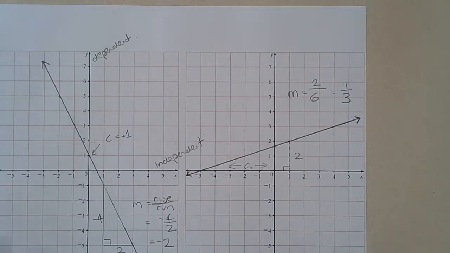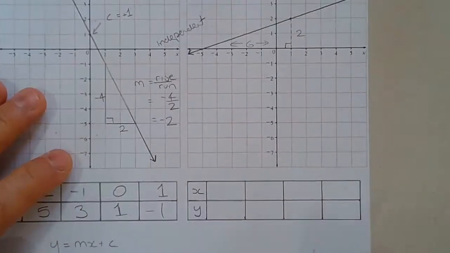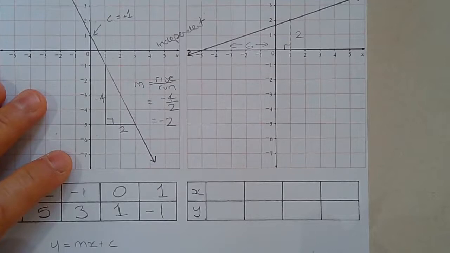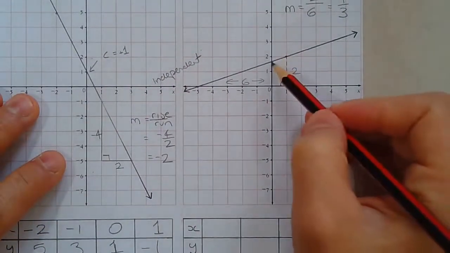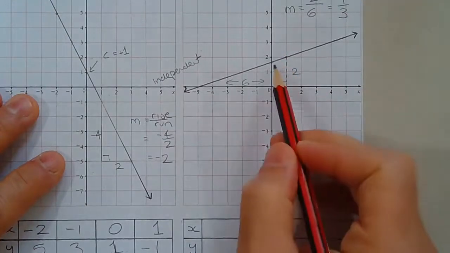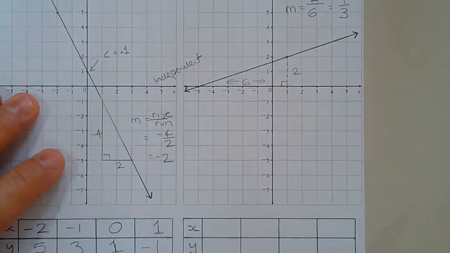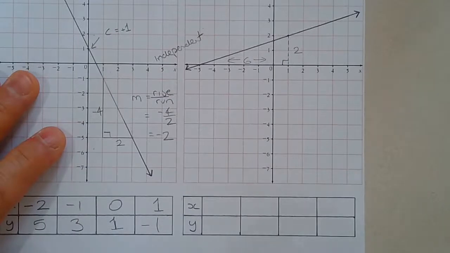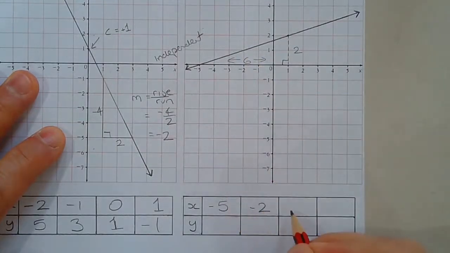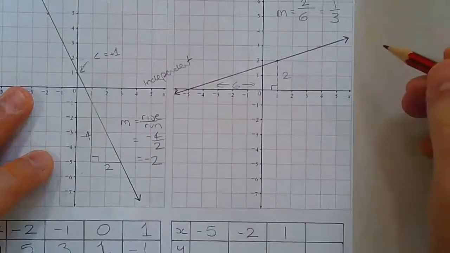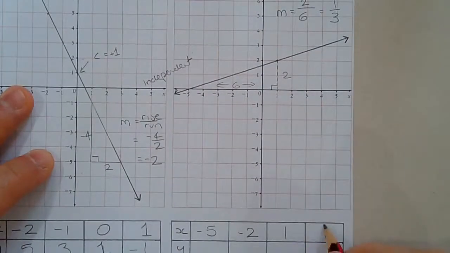I think what we might do now is fill in the table of values. But notice that I'm not going to use 0 because it's difficult to read that one there, the y-intercept. So let's come up with some useful whole numbers: -5, -2, 1 and maybe 4.